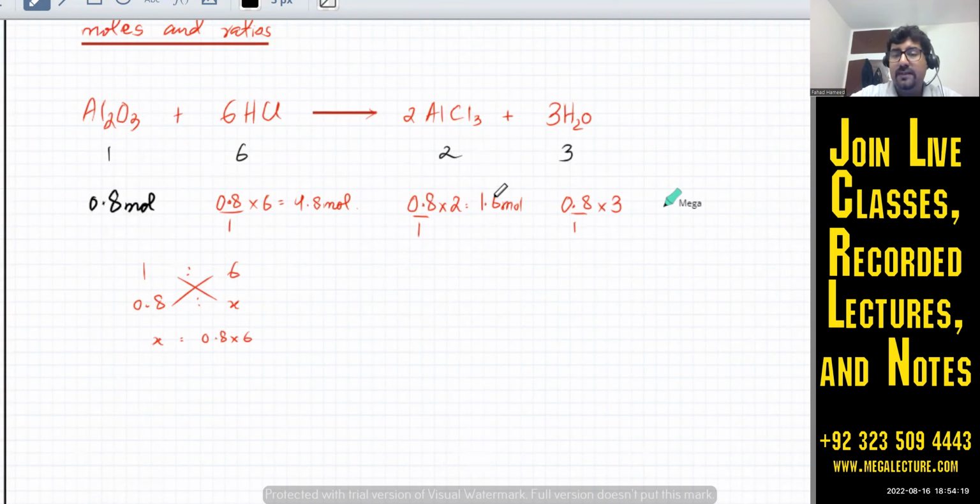So if I know that this is 1.6 moles, then this would be 1.6 divided by 2 times 3. These two would give me the exact same quantity: this will give me 2.4 and that will also give me 2.4. So you can compare any two ratios.